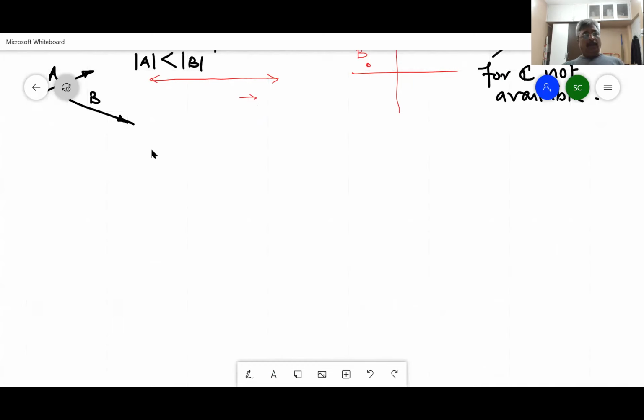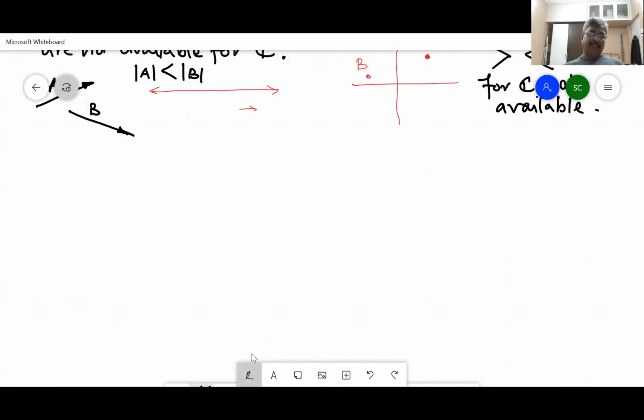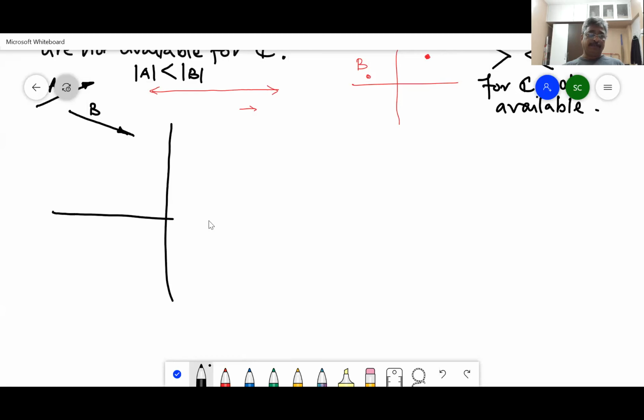Whenever we say x comma y in the Cartesian coordinate system, we can always specify the address of this point by one more method. Can you tell me another method by which I can specify this point in this plane? Angle and distance from the center.